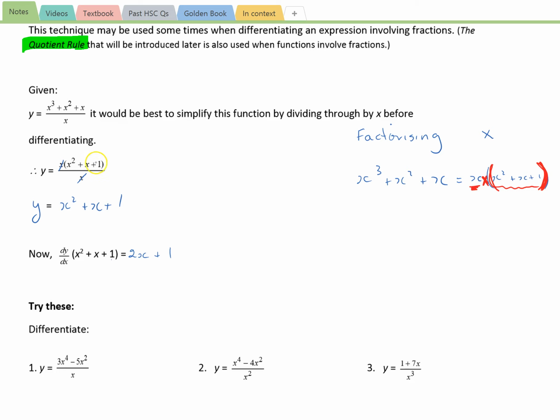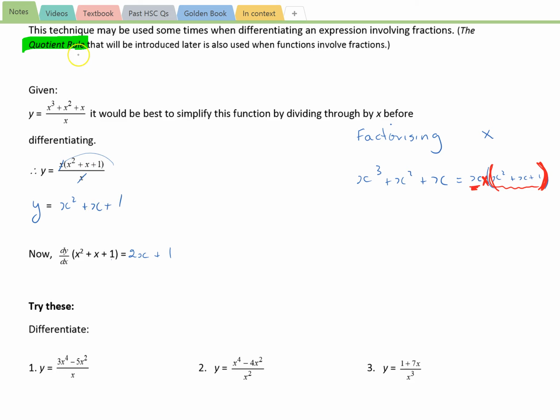Now, that is much nicer. At this stage, since you don't know the quotient rule, you wouldn't be able to actually differentiate that unless you had simplified it.